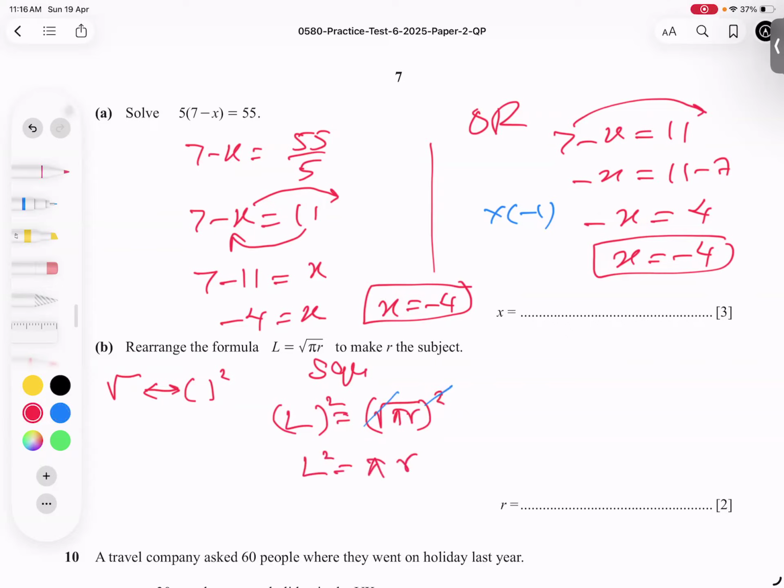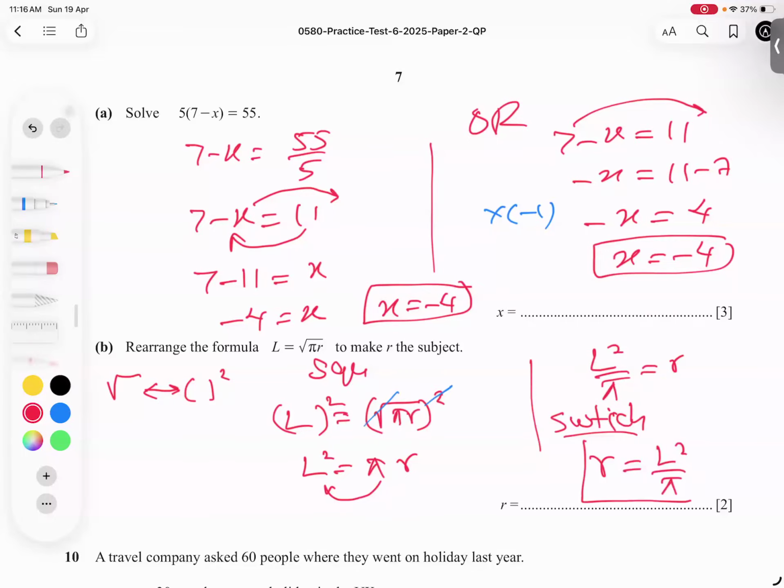We get pi r. But ultimately, when we make r the subject, this will go down. So I can say L to the power 2 divided by pi equals r. Switching means left side becomes right and right becomes left. I'm writing the word here, but there's no need to write it in the exam. And this is my final answer. I hope the point is clear.